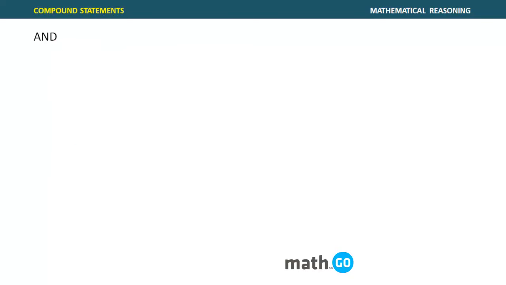Before going further with negation in compound statements, let us first study what compound statements are. The first compound statement that we have to do is the AND operator. The AND operator syntax is this. If there are 2 statements P and Q, then P and Q is written mathematically like this. What does this mean? It returns true, or you can say this machine works, only when both P and Q are true.